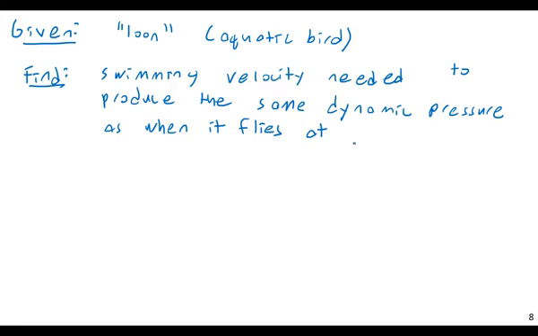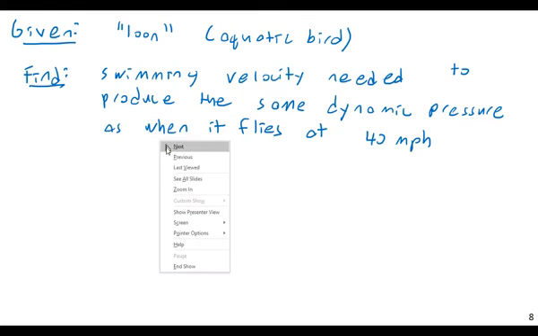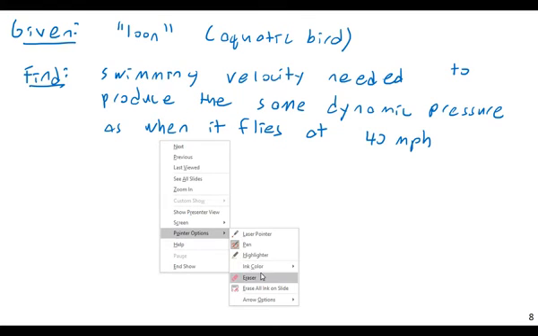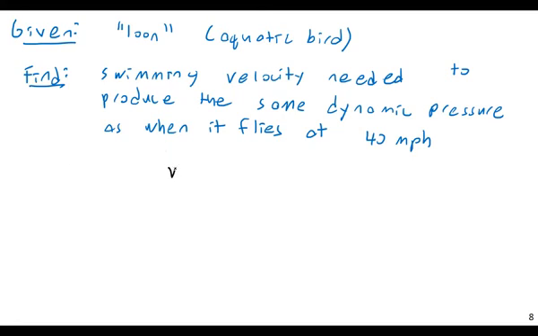At, say, 40 miles per hour. Okay. So here, let's consider this. Now, this term, if you remember from Bernoulli, we had the term v squared over 2g, right?